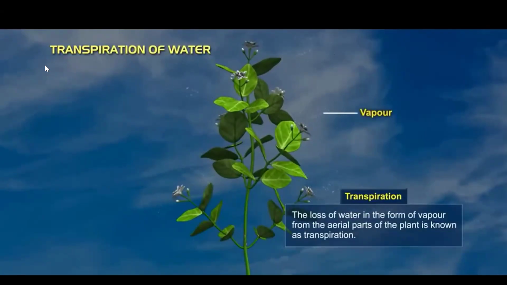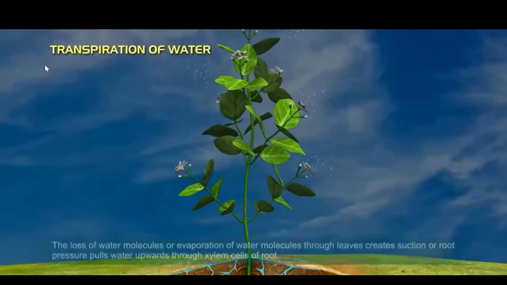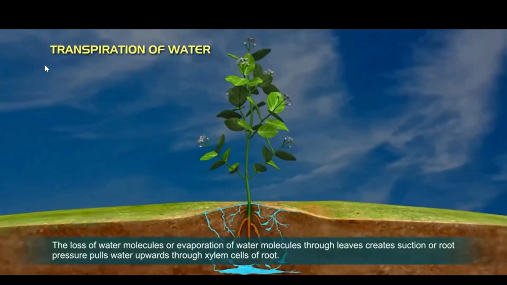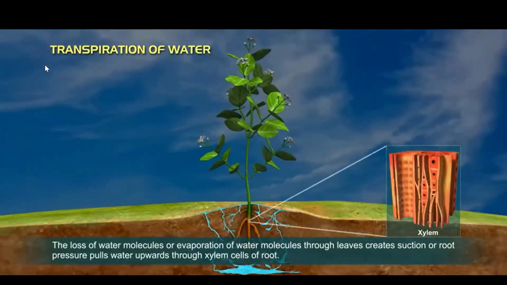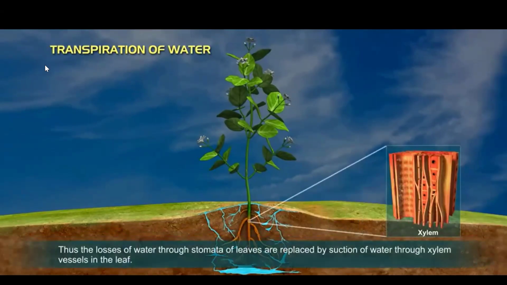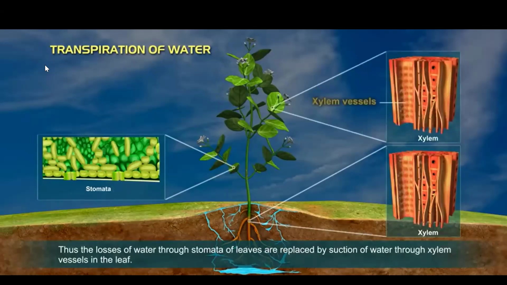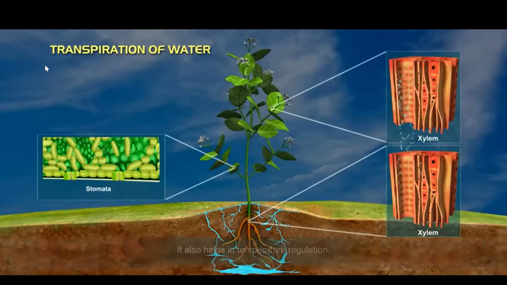The loss of water molecules through leaves creates suction, which pulls water upwards through xylem cells of the root. Thus, the losses of water through stomata of leaves are replaced by suction of water through xylem vessels in the leaf. It also helps in temperature regulation.